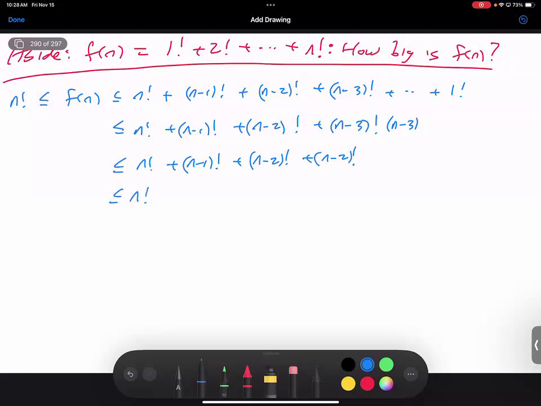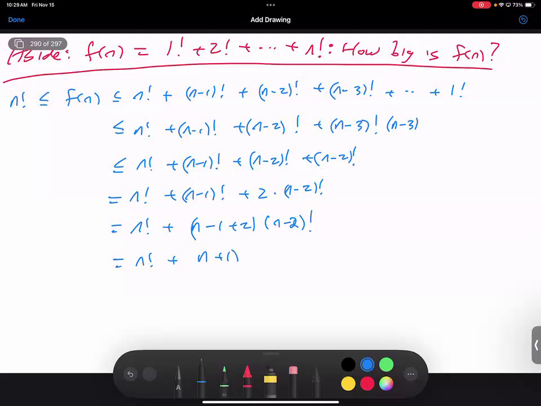So that's n factorial plus (n-1) factorial plus 2 times (n-2) factorial. So this would be n factorial plus (n+1) times (n-2) factorial.